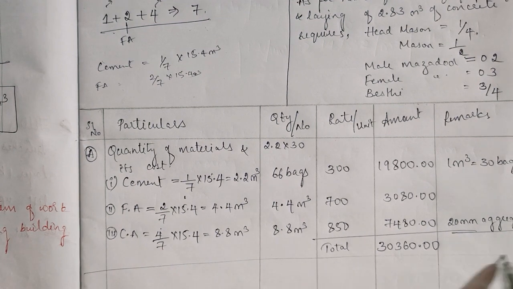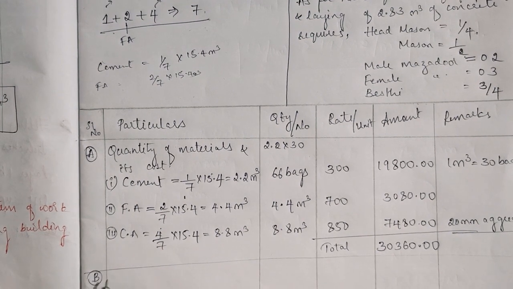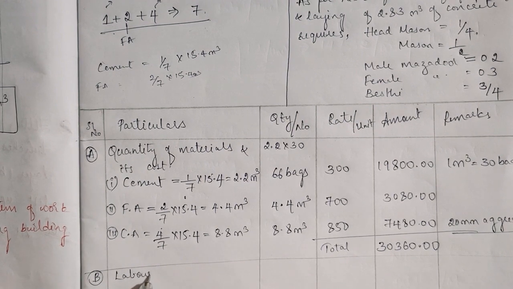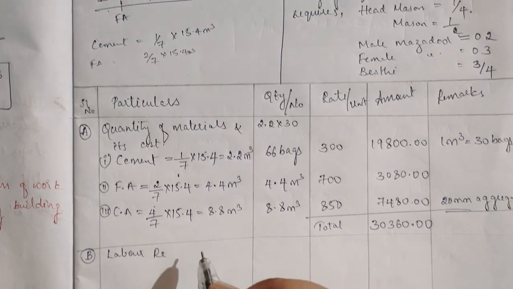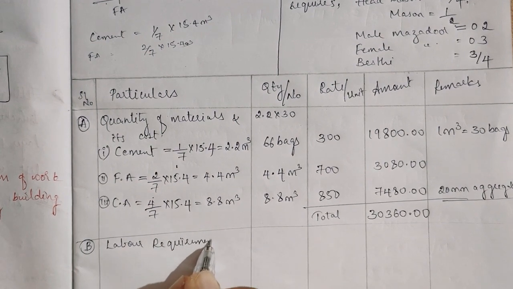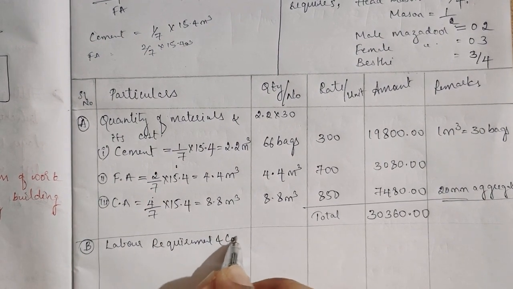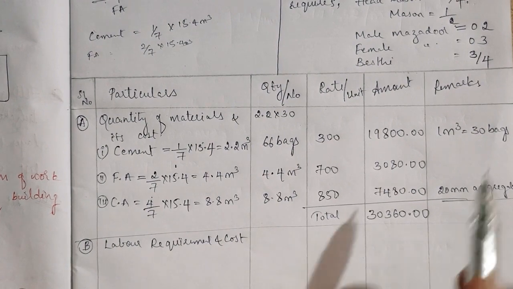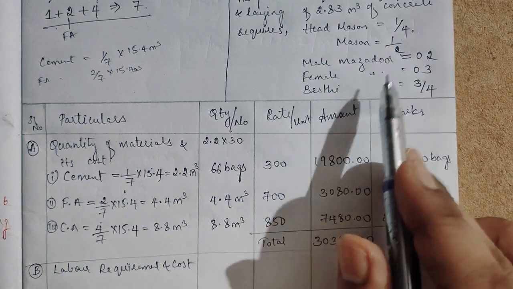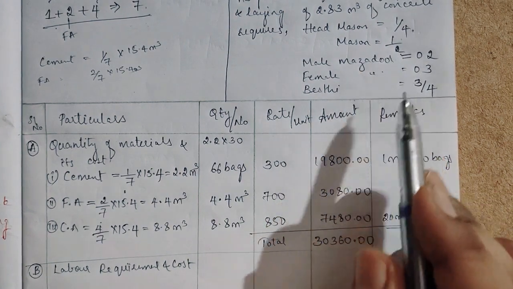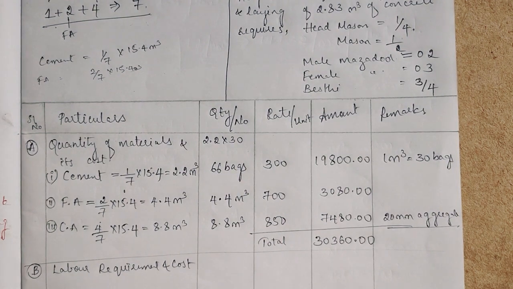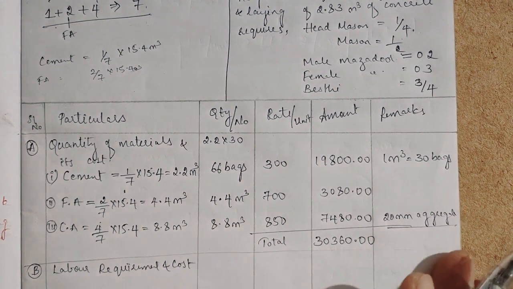So after this, what we need? We need labor requirement and cost. So what they have given here: male head mason 1/4, mason half, male mazdoor 2, female mazdoor 3, basti 3/4. So see here.